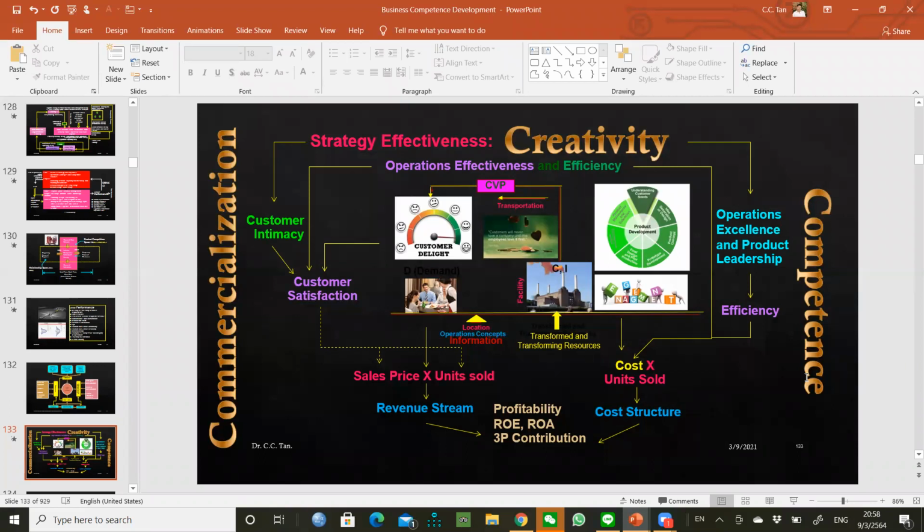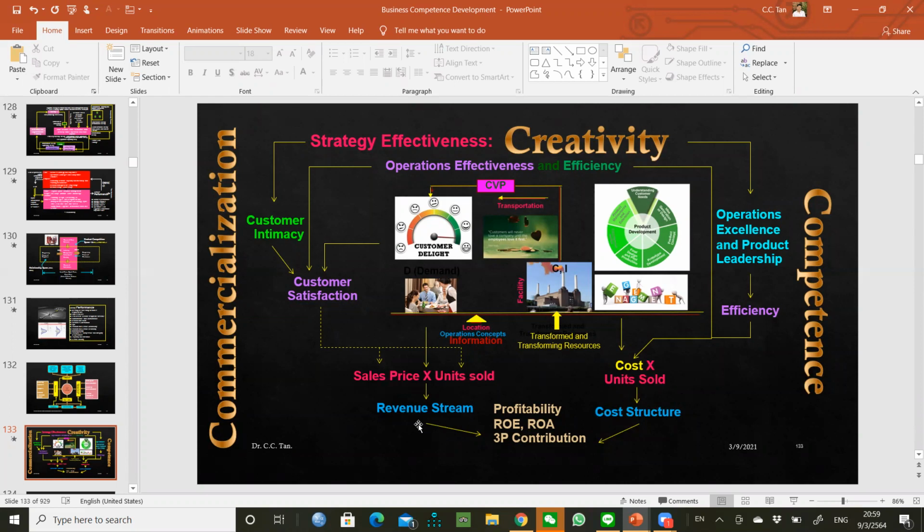Okay, and then from there, every activity that you use has a certain cost times the units that you produce and sell, which is the cost structure and cost of goods sold, right? And the sales price times the units sold is the revenue stream.